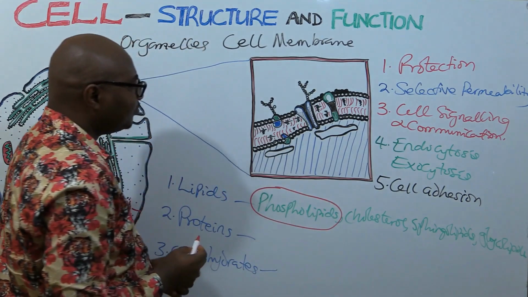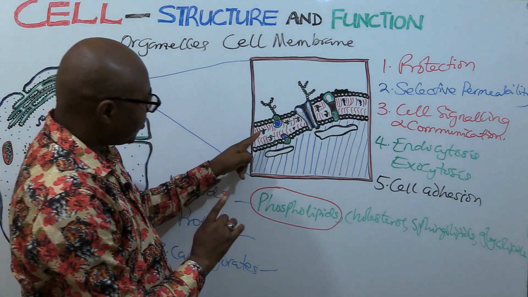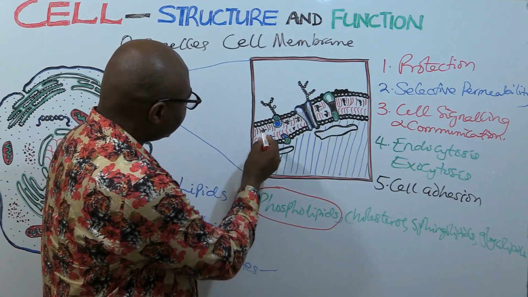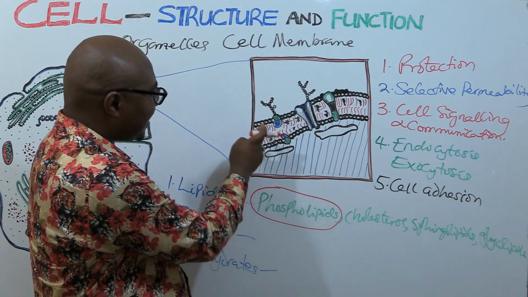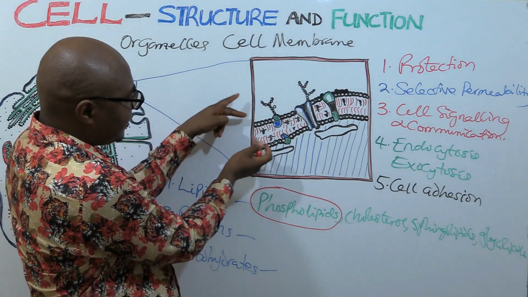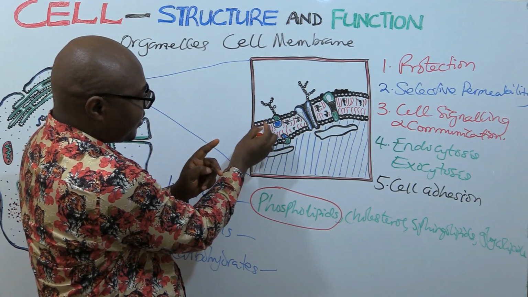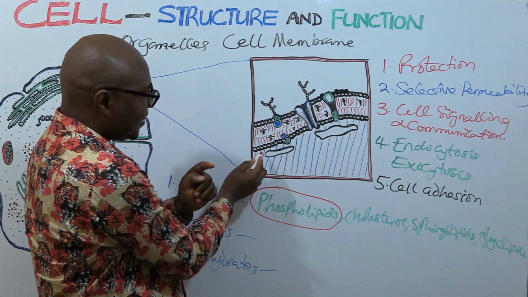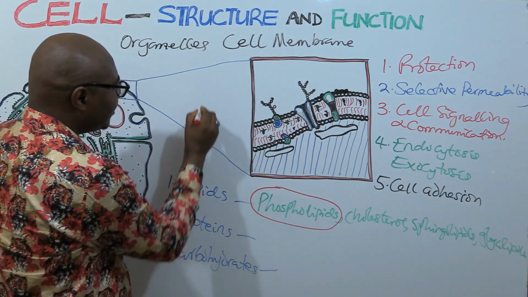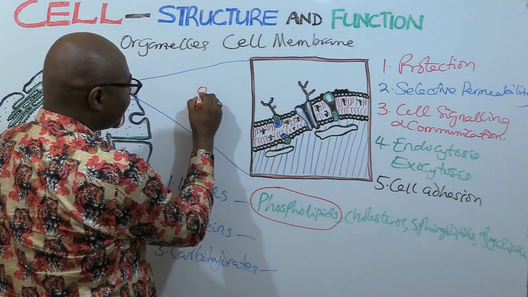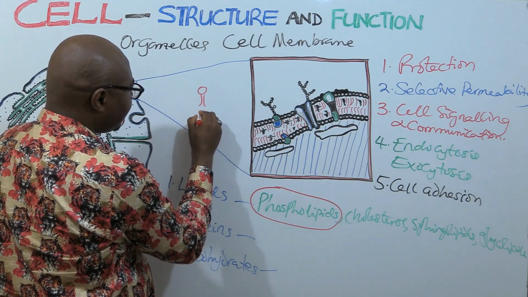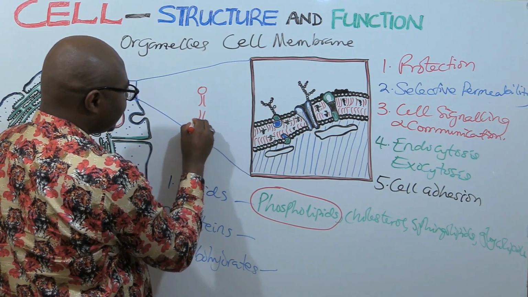And why? Now look at this cell membrane very well. You will see that it has two sides. This side has round things here, and another round things here. Let me draw it for you so that you see it better. So it's something like this.